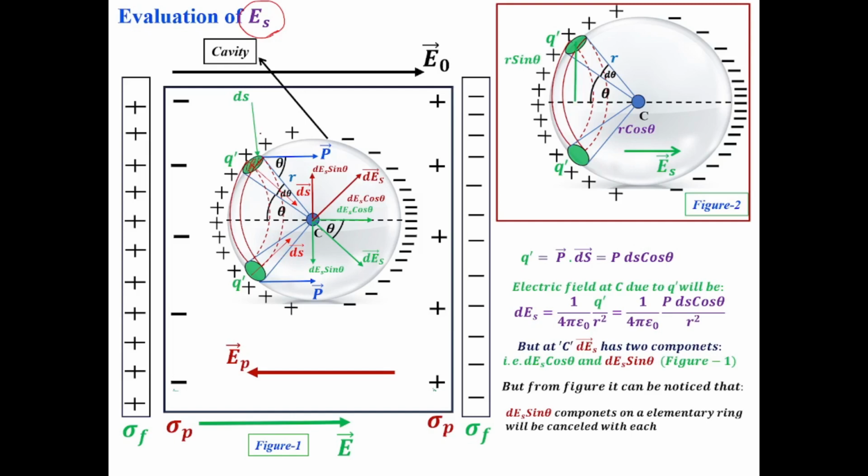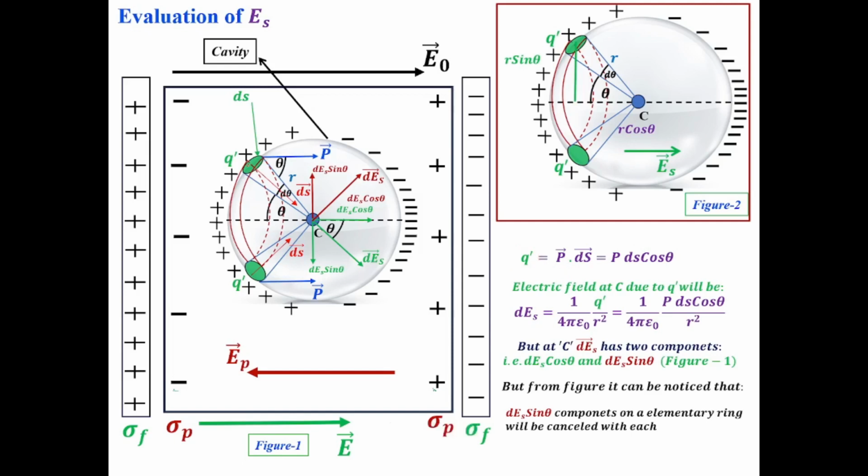Let q dash be the charge on this dS surface. Hence, what will the q dash value be? P dot dS. We have already discussed that for a curved surface, the charge on the surface equals the polarization vector scalar product with the surface vector.